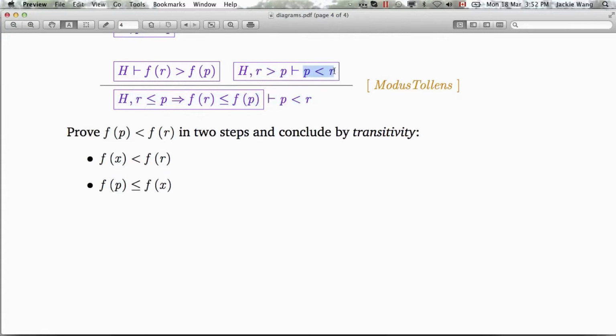So once we have done that, it will be trivial. So the main thing to prove is this one here.